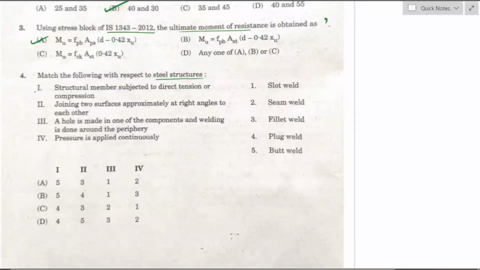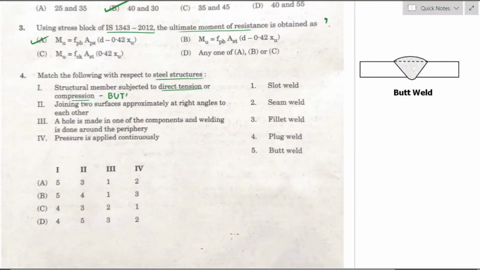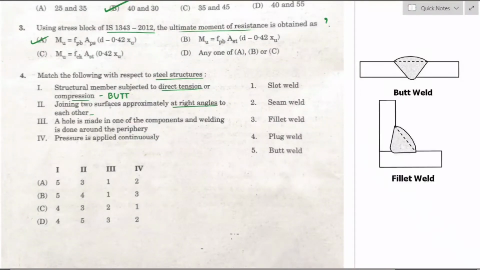Question number 4. Match the following with respect to steel structure. Statement 1. Structure member subjected to direct tension or compression means the type of the weld will be butt type of weld. Joining two surfaces approximately at right angles to each other means it is a type of fillet weld. Statement 3.